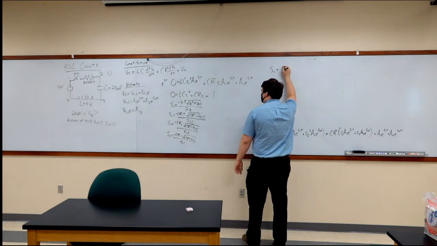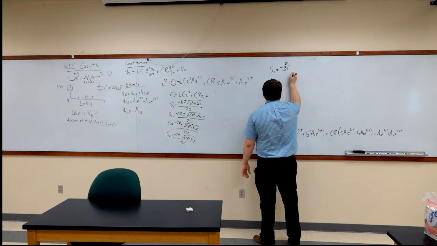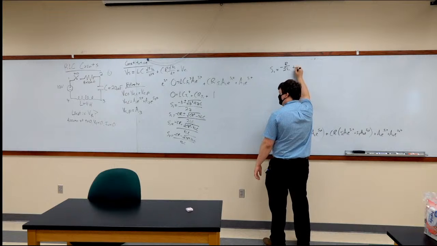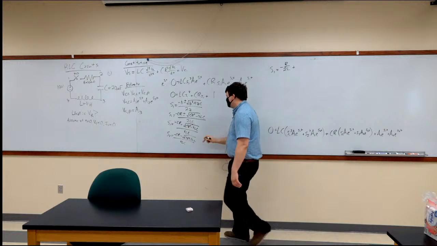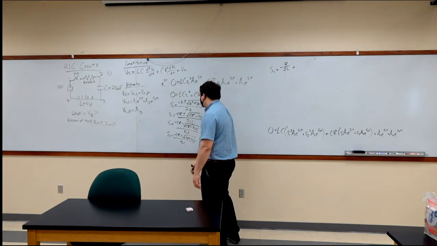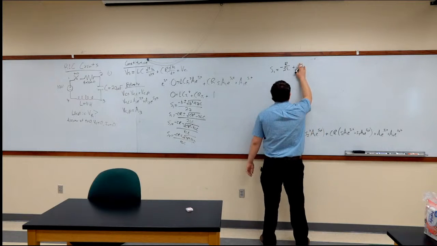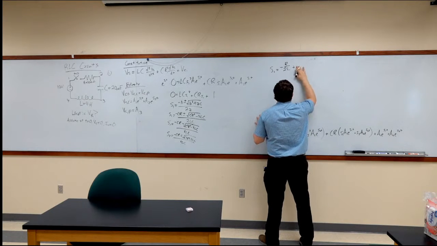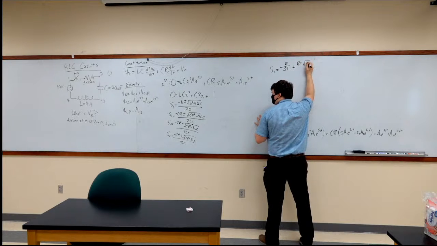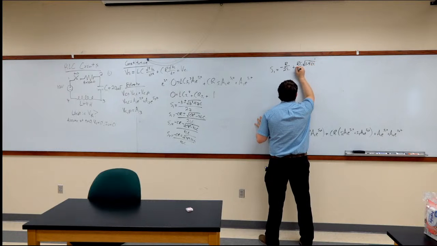S1 is equal to negative R over 2L, plus the square root, RC square root of 1 minus 4LC divided by 2LC.